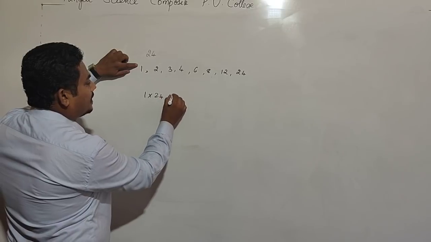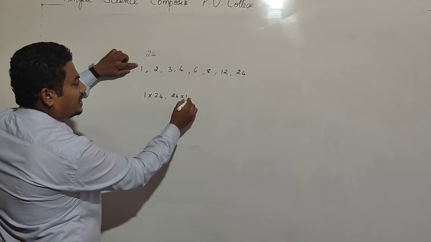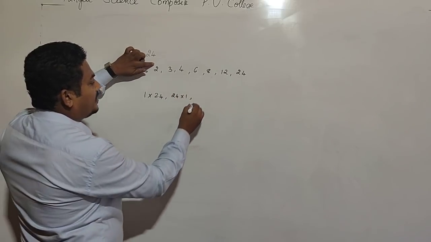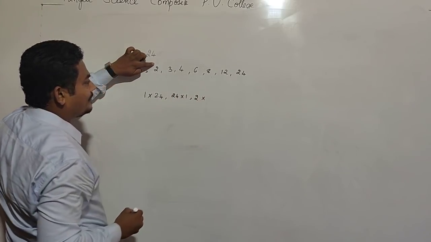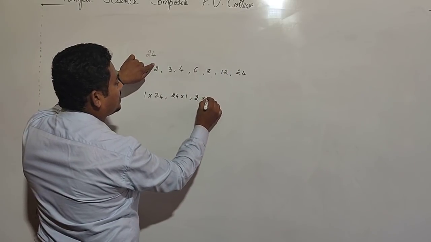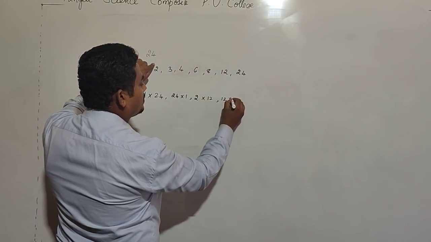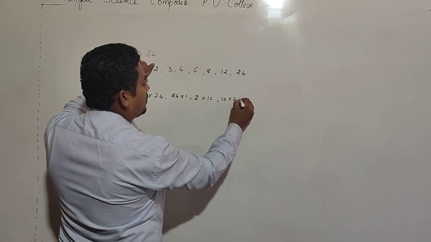Next possibility, its reverse, 24 into 1. It is one of the possible orders. Next, if I select 2, then what is the next number? Their product should be 24, so the next number should be 12, and its reverse order is also possible, that is 12 into 2.